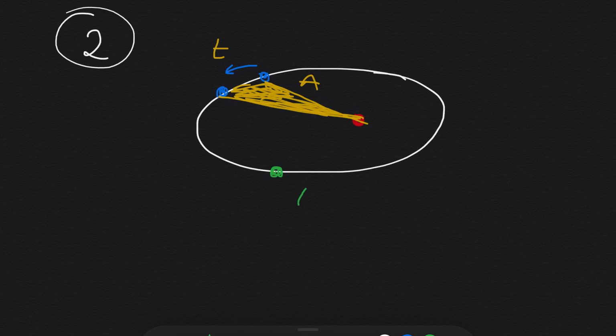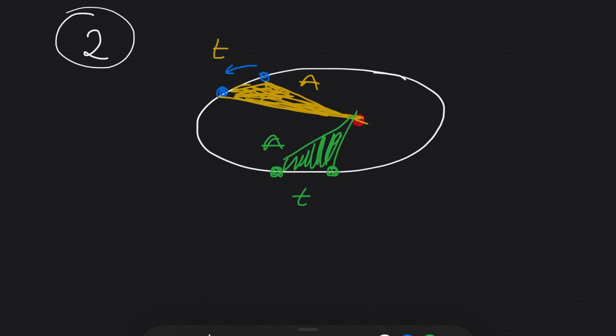Now let's choose another location. Let's say the Earth is now here, and then it moves again in the same time period. Let's say it moves here, okay? And then we have another area. Now what Kepler's second law is saying is the golden area and the green area are equal if the golden t and the green t are equal. So it sweeps equal areas in equal times, this imaginary line that connects the Earth and the sun.